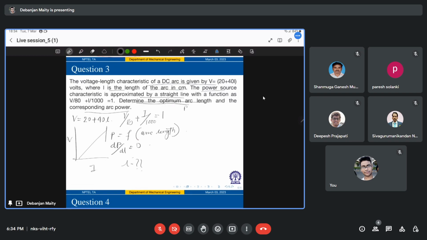So what is your power? Power is voltage into current, right? And you have two functions. One is V as a function of arc length, and another is the voltage and current characteristics. So from these two functions, can we find out I as a function of arc length?